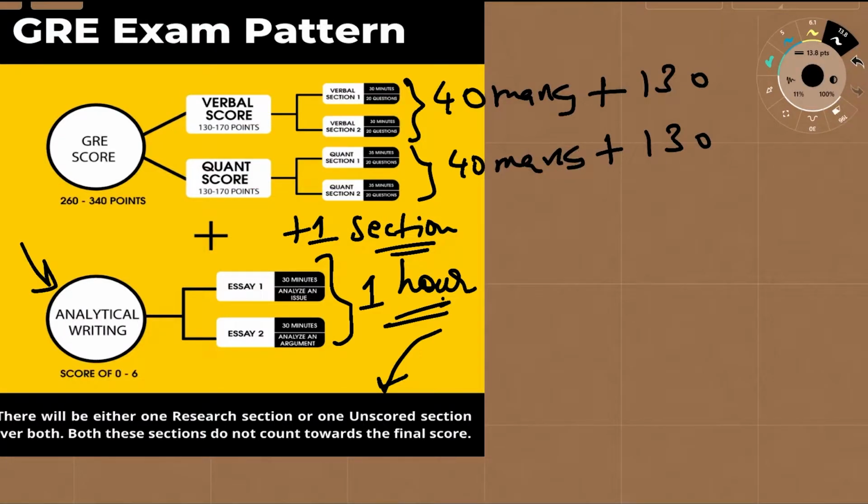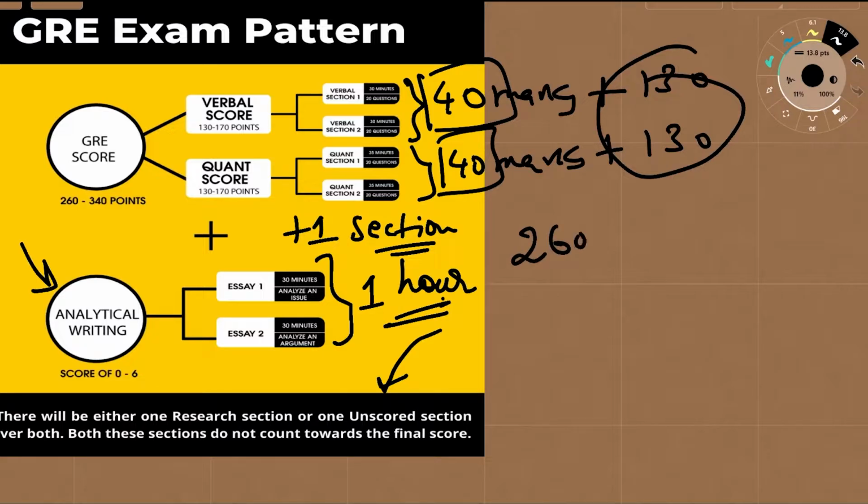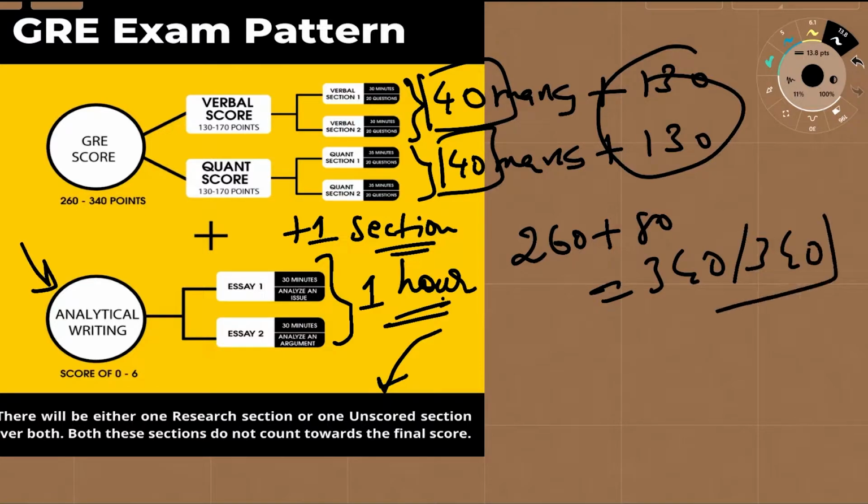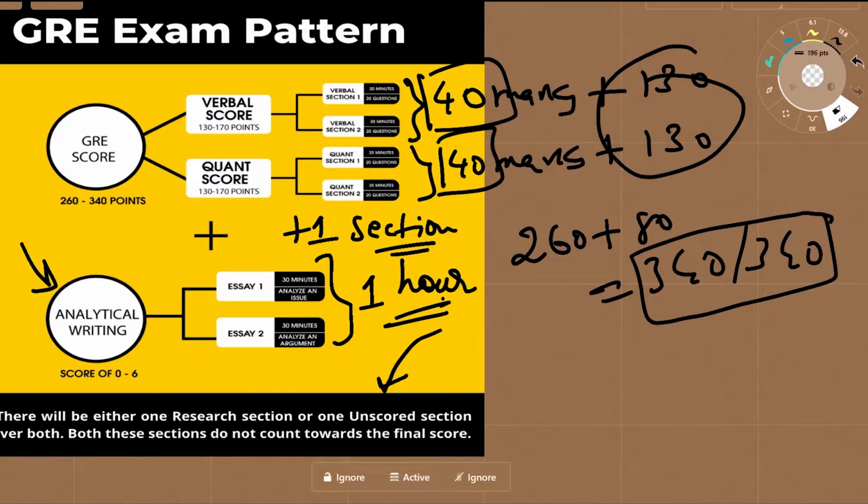But anyway, you have 40 marks for verbal, 40 marks for quant, and then obviously you get 260 marks for free. So assuming you scored full marks, 260 plus 80 will be 340, and that is the maximum score that you can get. So I think we've covered the marking scheme.